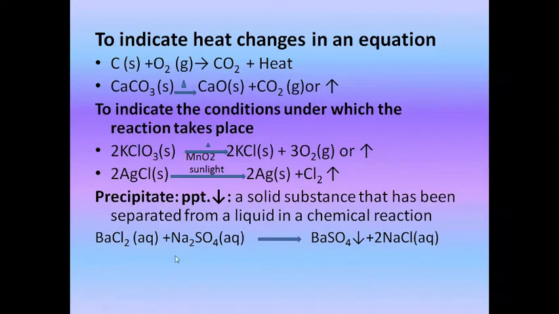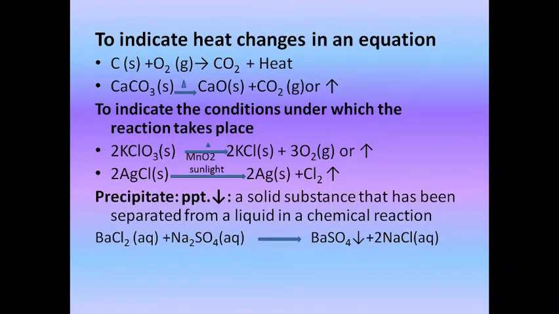Okay. For example, in this reaction, aqueous solution of barium chloride, BaCl2. Aqueous solution means a solution made by dissolving barium chloride in water, is mixed with the aqueous solution of sodium sulfate, Na2SO4, also dissolved in water to make its solution. Both aqueous solutions were mixed, and on mixing a new product is formed, barium sulfate, which is a white precipitate.